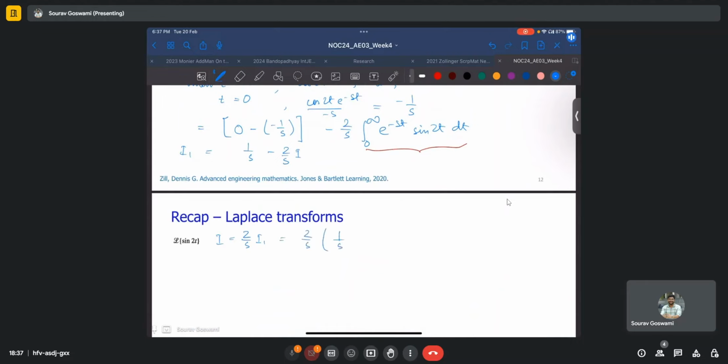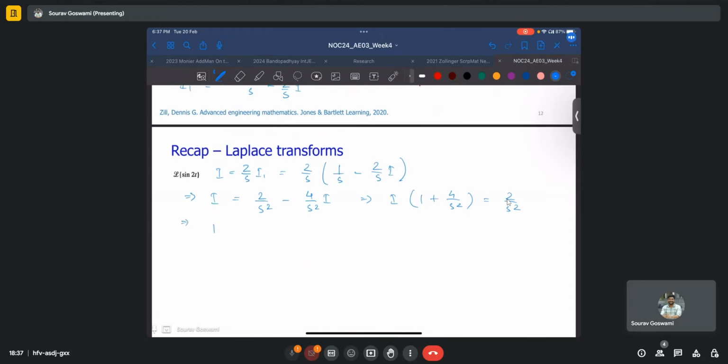I1 is 1 by s minus 2 by s times I. So I will have an equation in I. So this is 2 by s square minus 4 by s square I, or I into 1 plus 4 by s square is 2 by s square, which implies that I into s square plus 4 by s square is 2 by s square, or I equals 2 by s square plus 4, or perhaps a more useful form is s square plus 2 square.